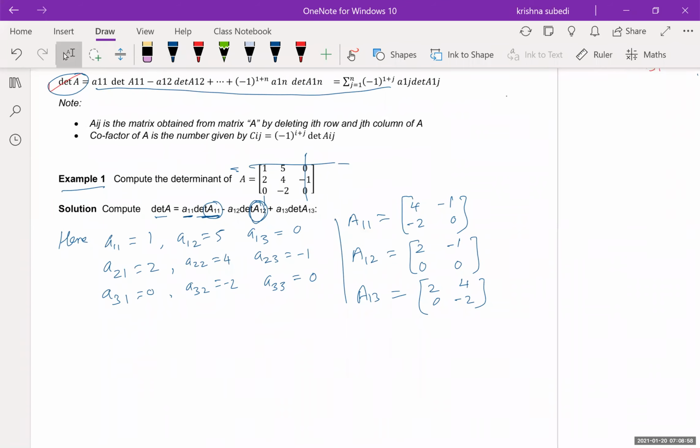And now, determinant of A, that is the formula.